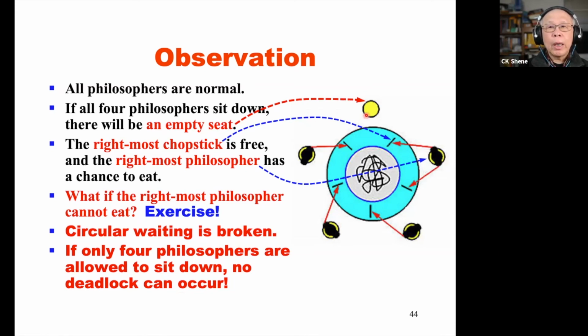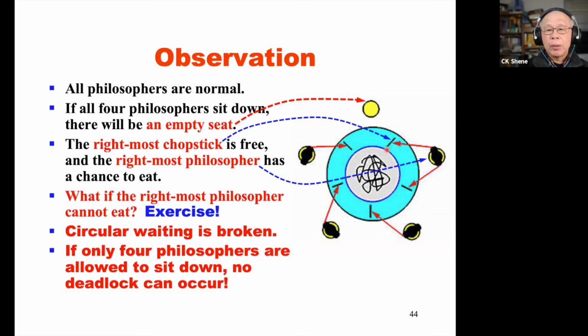We only allow four philosophers to sit down. Then there will be an empty seat. So the rightmost chopstick, this one, which is the left chopstick of this empty seat, is free. And this rightmost philosopher has a chance to use it.